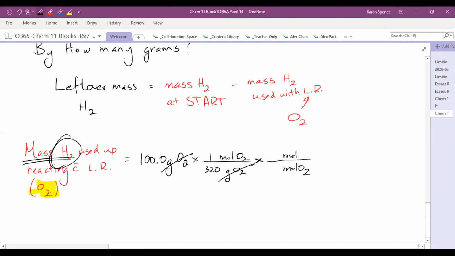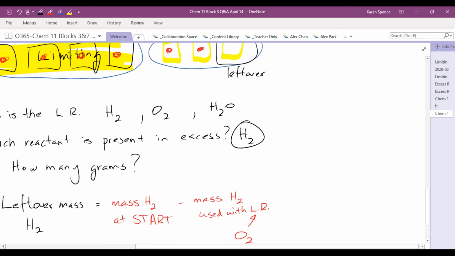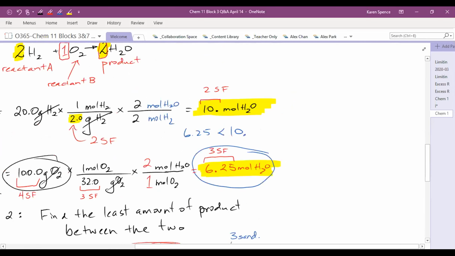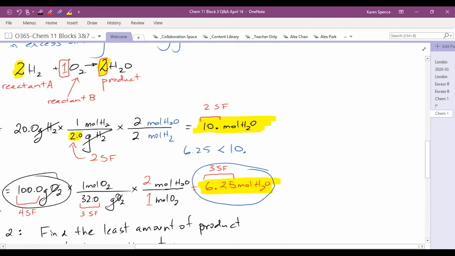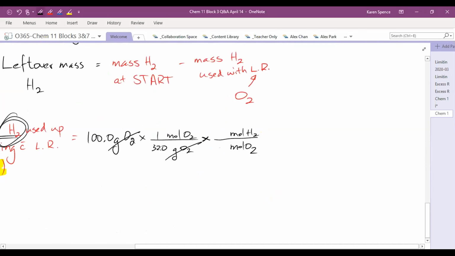H2. And we get that mole ratio from the balanced reaction. The O2 has a 1 and the H2 has a 2.